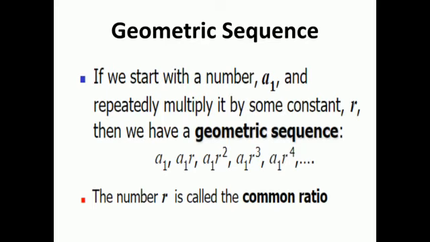Before, I also explained the difference between sequence and series. Sequence means the numbers separated by commas: a1, a2, a3. Series means instead of commas you write plus: a1 plus a2 plus a3 plus a4, something like that.